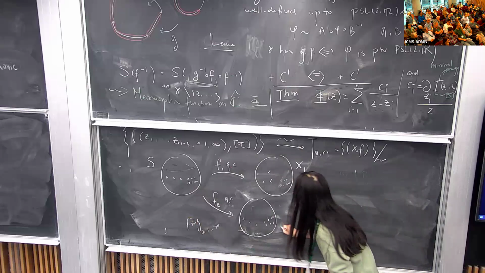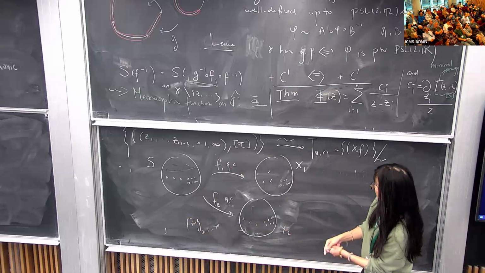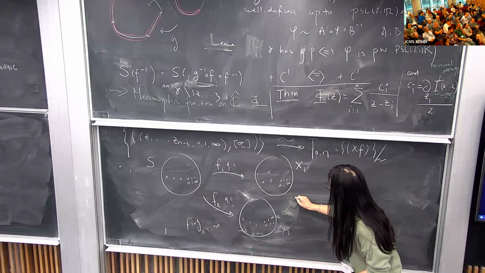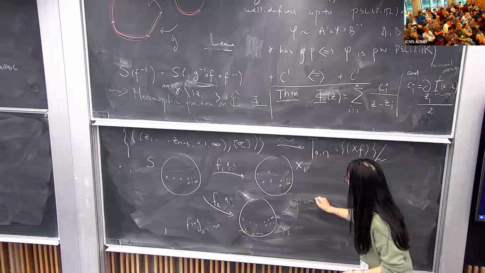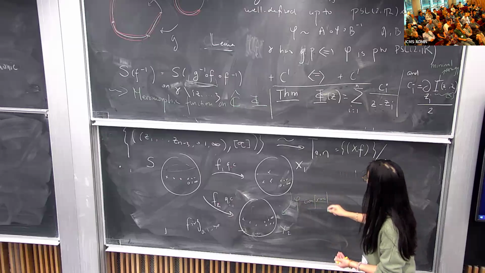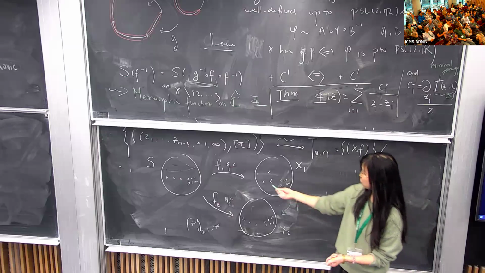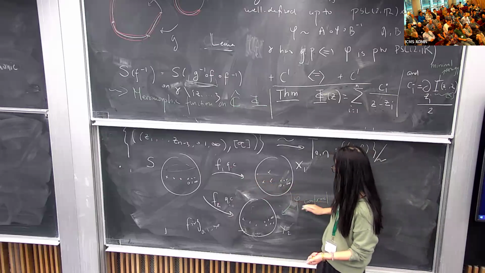The equivalence relation says that there exists a conformal map phi. Now they have to respect the marking, so actually phi has to be the identity.